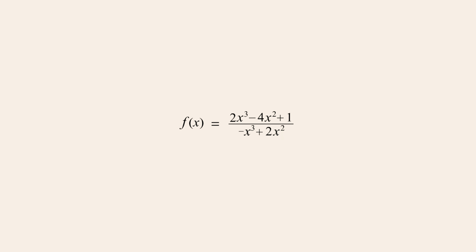We can now select the numerator and denominator's leading terms. Since their exponents have the same value, this function has a horizontal asymptote located a distance above or below the x-axis determined by the numerator coefficient divided by the denominator coefficient.